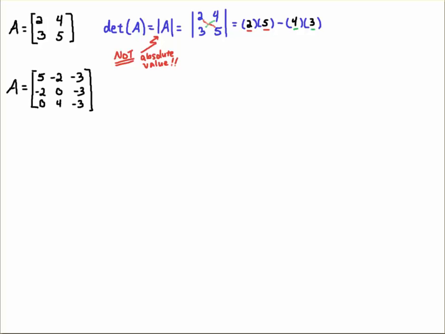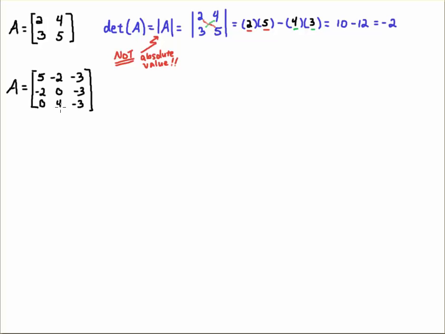If you go in the other direction, 4 times 3, down and to the left, the left being the negative direction, you remember the negative sign here, and you'd have 4 times 3. Then 2 times 5 is 10, 4 times 3 is 12, and 10 minus 12 is minus 2. So you can see clearly that the determinant of A is not a positive number; it turns out to be a negative number.